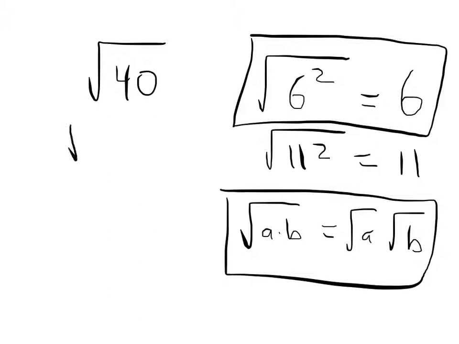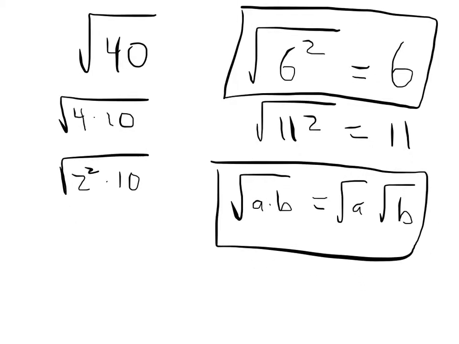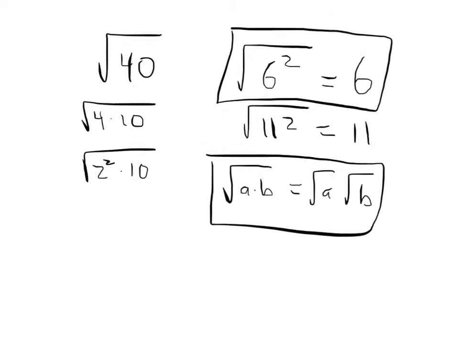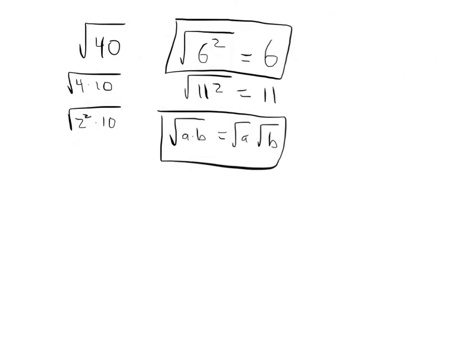So root 40, if I look at perfect squares, the biggest perfect square that's a factor of 40 would be 4. 4 is a perfect square, it's 2 squared. So it's 2 squared times 10. I then can go ahead and break up that 2 squared times 10 into root 2 squared times root 10, using this rule over here that we just talked about.